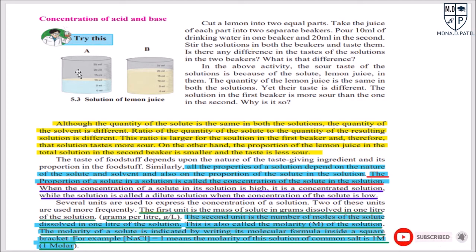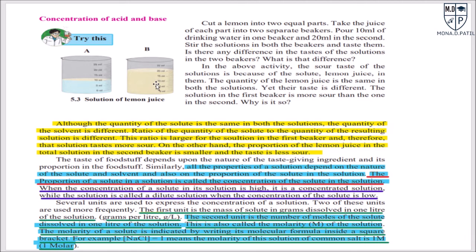Here you can see two beakers. In both beaker A and beaker B, one lemon has been cut into two halves, and the juice of each half has been taken in each beaker. In beaker A we will add 10 ml water, and in beaker B we will add 20 ml water.